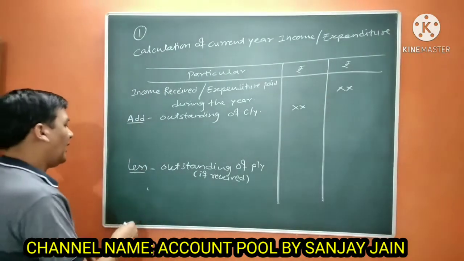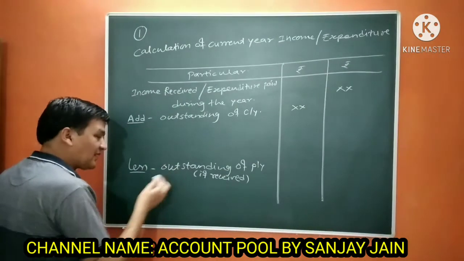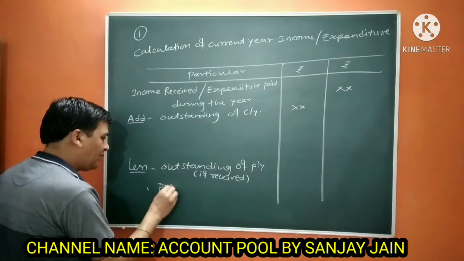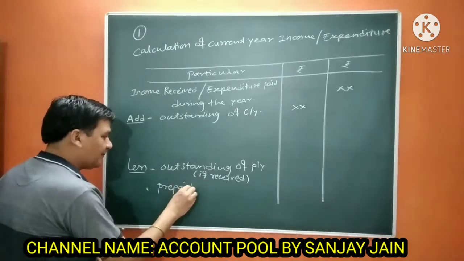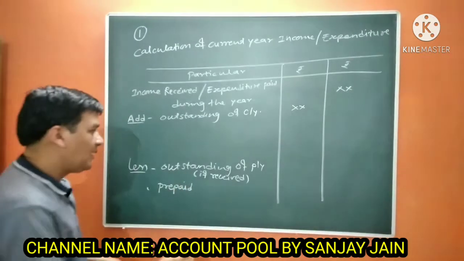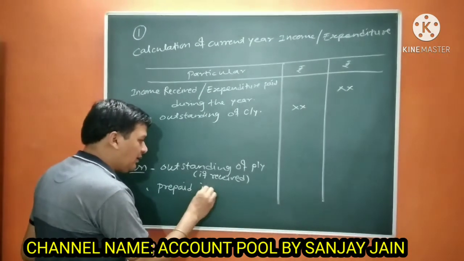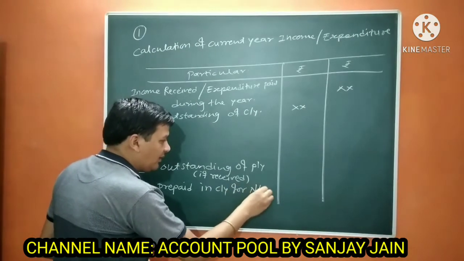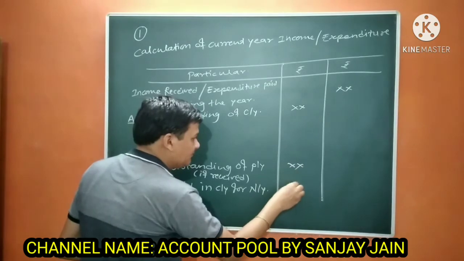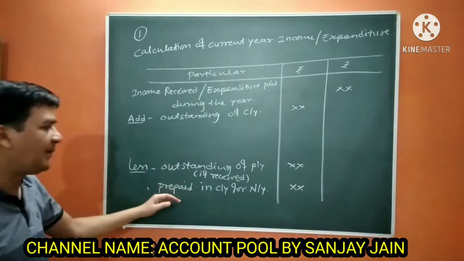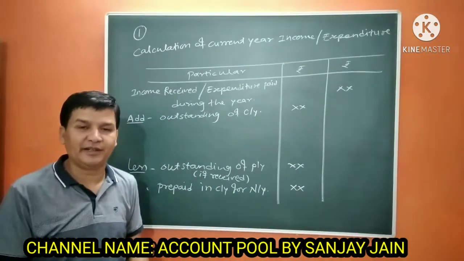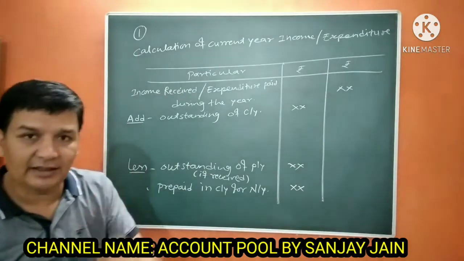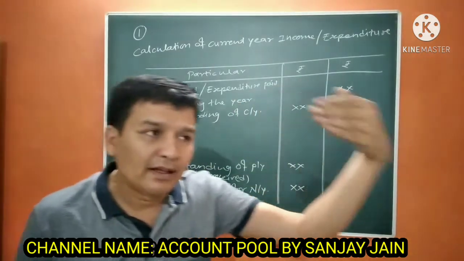Okay? And as you know, the second item we have deducted in the final account of 11 is prepaid. Prepaid in current year for next year is deducted here. Okay, if prepaid in current year for next year has been deducted, why we are deducting? Because it belongs for next year.